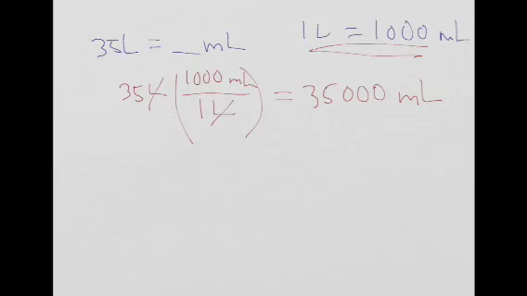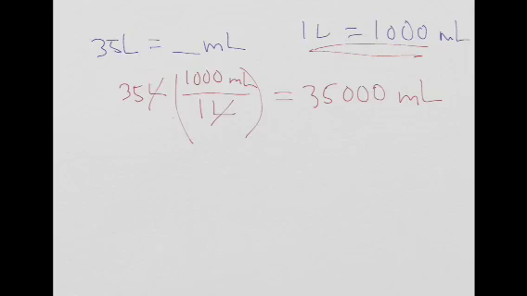So that's it. The key is knowing what the conversion factors are, and it might mean that you have to memorize those true relationships. And students find that difficult, but you're going to have to go over it with your teacher and see what you have to know and make sure you know it.